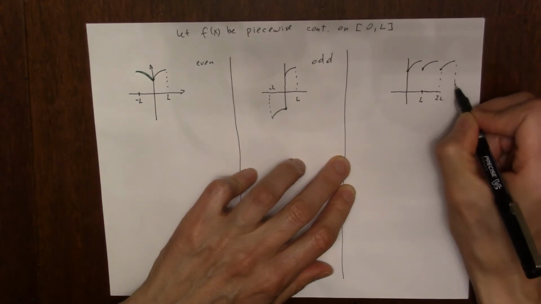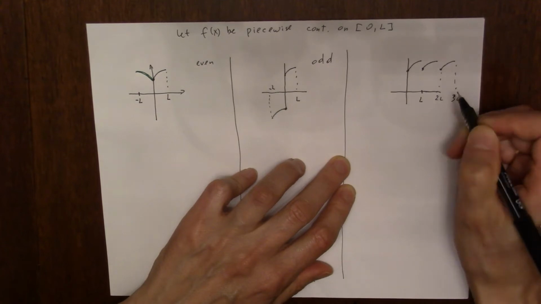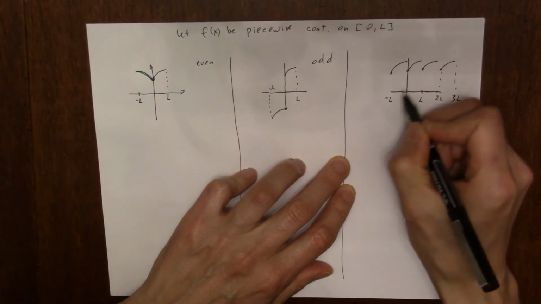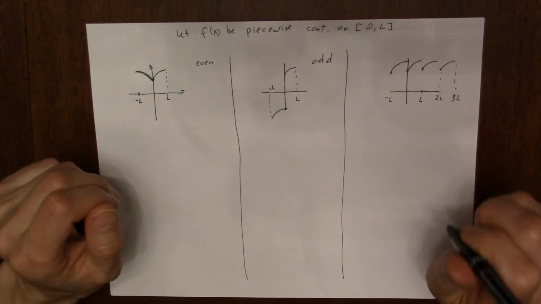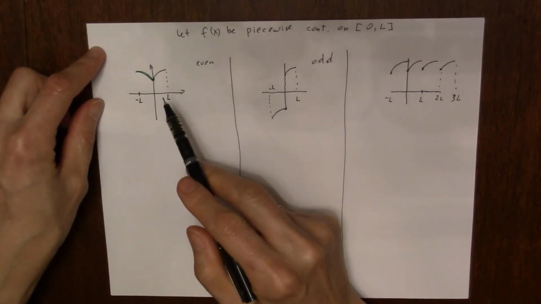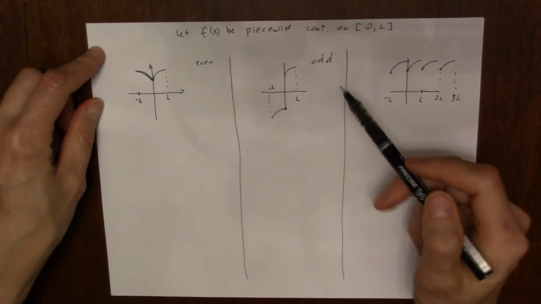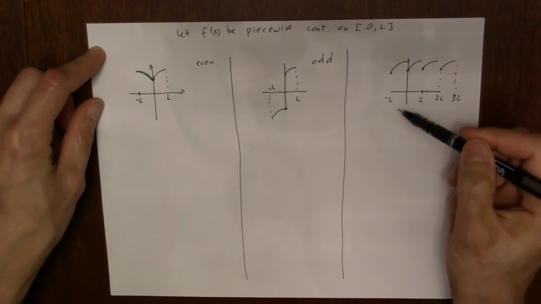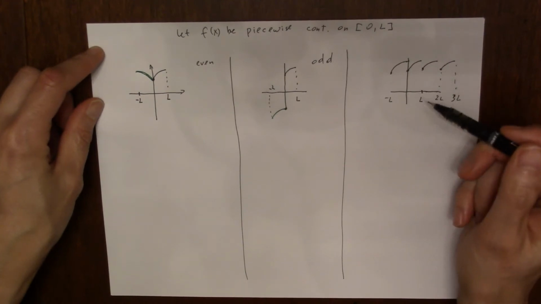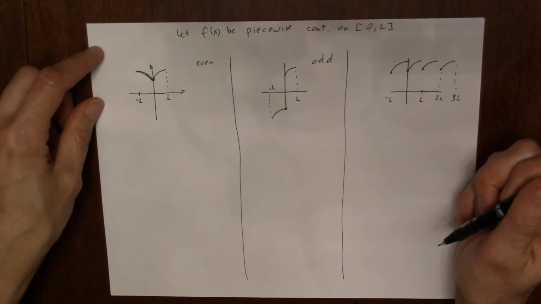We have three distinct possibilities: even expansion to interval from negative L to L, odd expansion, or we can pretend that from 0 to L the function is the whole period.